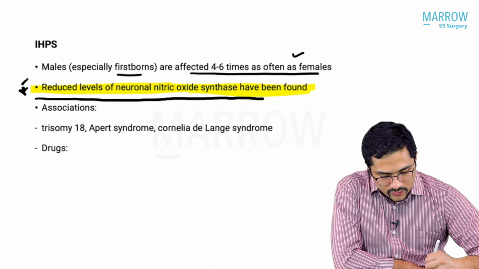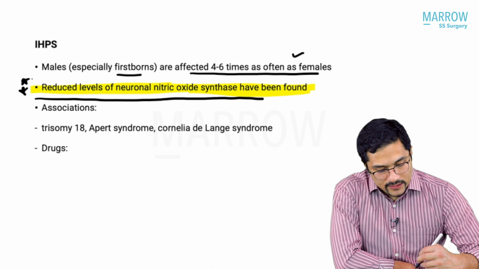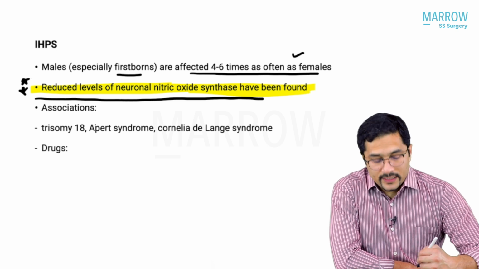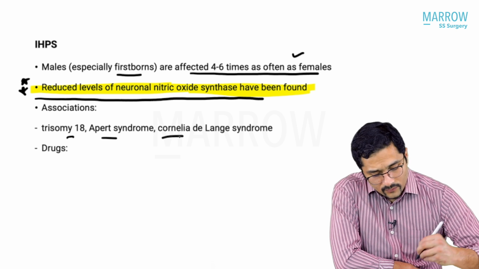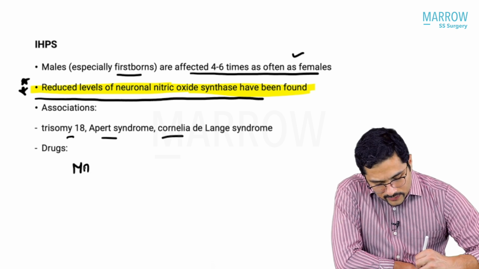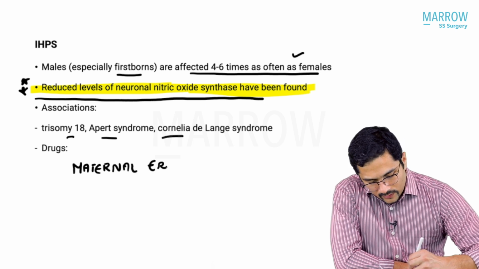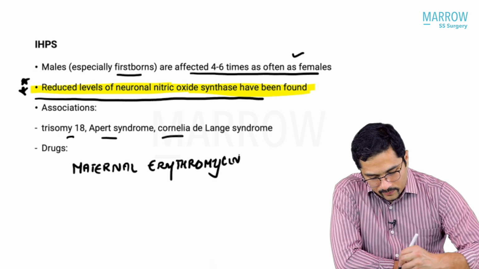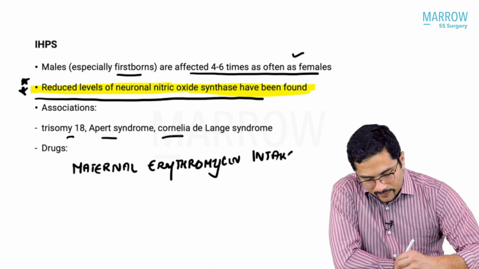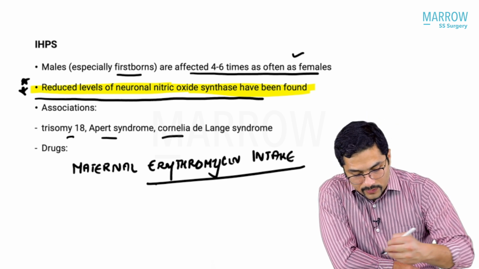The associations are trisomy 18, Apert syndrome, or Cornelia de Lange syndrome. Also, maternal erythromycin intake has been linked with idiopathic hypertrophic pyloric stenosis. So, this is another thing which you should know about.